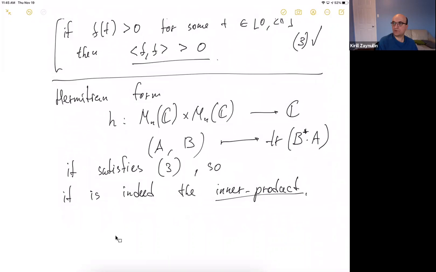It is one of those examples of inner products. And this example has its name. Whenever you deal with such an inner product defined for matrices, this is the so-called Frobenius inner product.